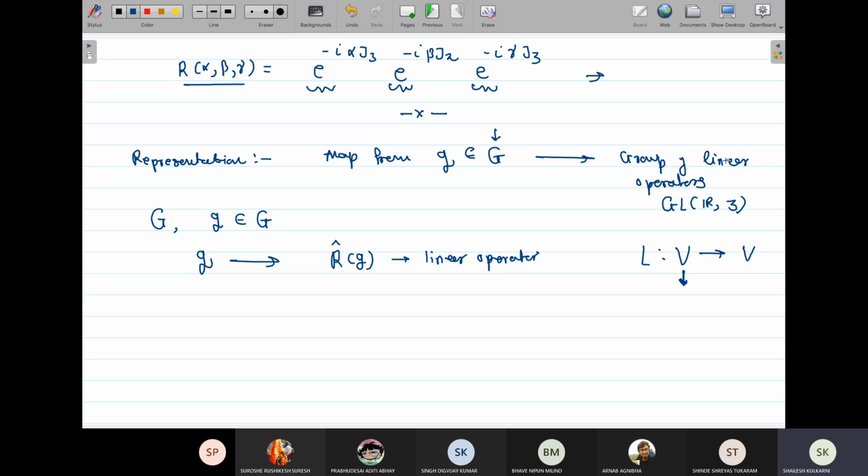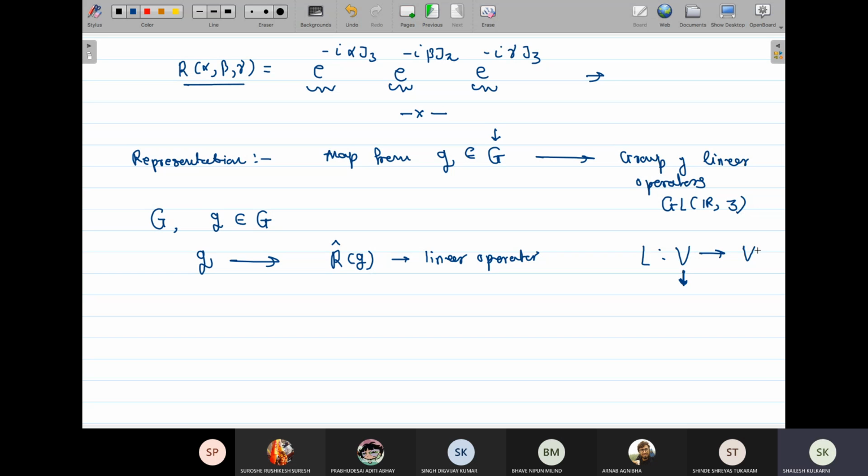For this to be a group, the inverse of a linear operator should exist. The inverse exists if it is a map from a vector space with some dimension to a vector space with the same dimension. Then and only then will that linear operator be invertible.